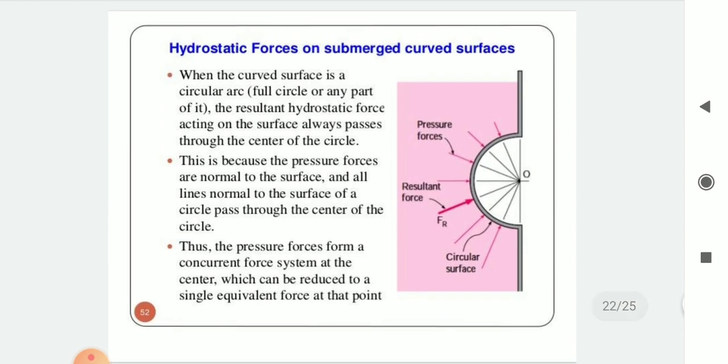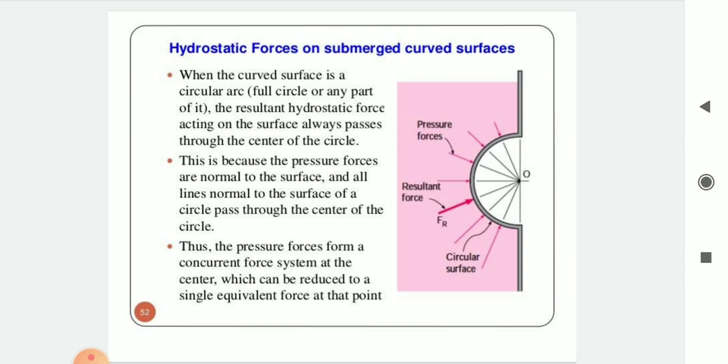When the curved surface is a circular arc, as shown in the figure, the pressure forces act normal to the surface. For a circular arc, full circle or any part of it, the resultant hydrostatic force acting on the surface always passes through the center of the circle.